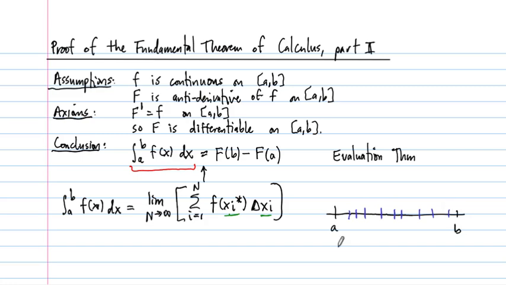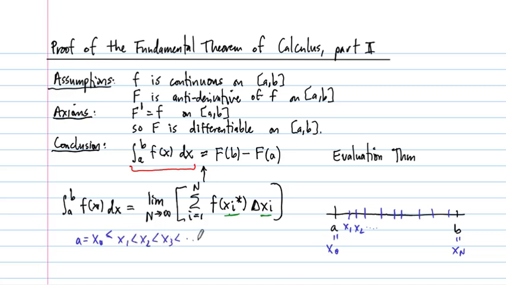This is called a partition, and the rules of the partition is that x0 should always be a, x capital N, that's the number of subintervals, should be b, and in between these x's just count up, x2, x3, etc. And so here's our rule for the partition. x0 is equal to a, is less than x1, less than x2, so these x values are increasing.